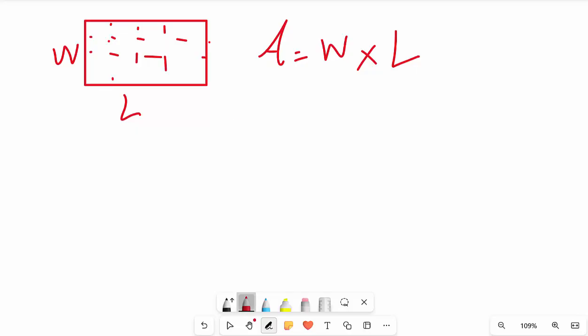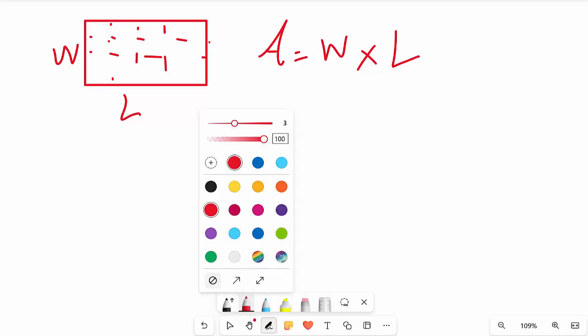If we cut off this part of the rectangle and move it to the other side as I have done, we get a parallelogram as I have drawn here.